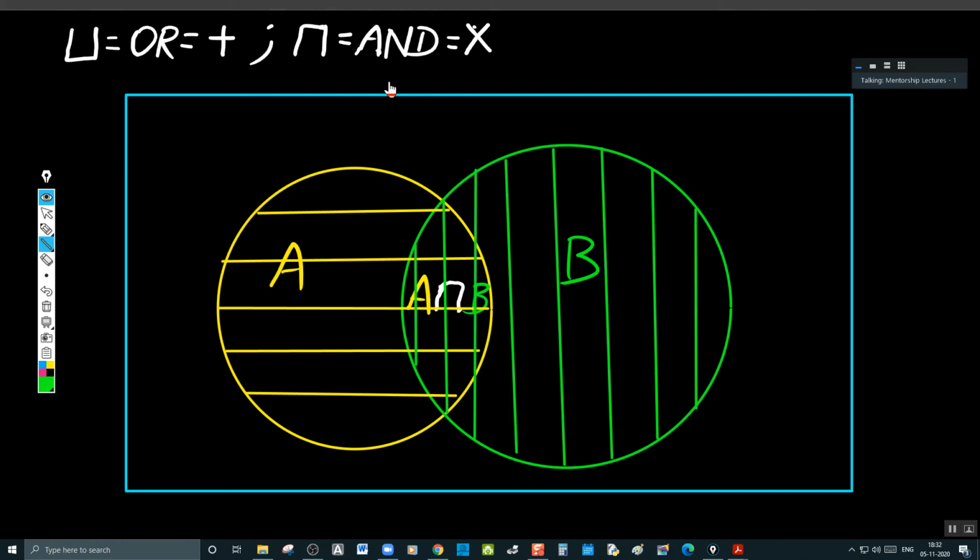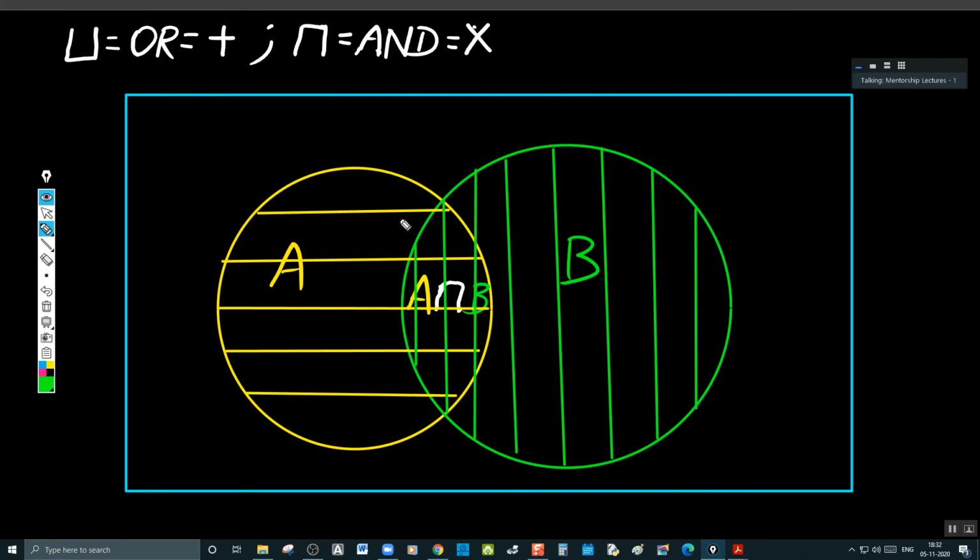Now, what is the meaning of union? Union is equal to OR in the English language, and it is plus algebraically. Union means the part which is containing only yellow, only green, and both yellow and green.